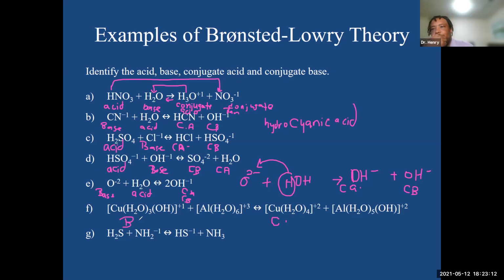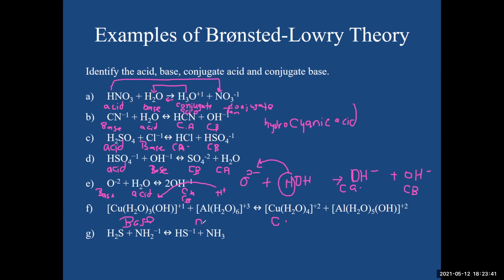So think about what's happening. If you look over here and over here, in this case you're removing one H plus, and it's being delivered to here, right? So the acid is the proton donor. And as a result of that, you're going to get your Al(H2O)5OH.